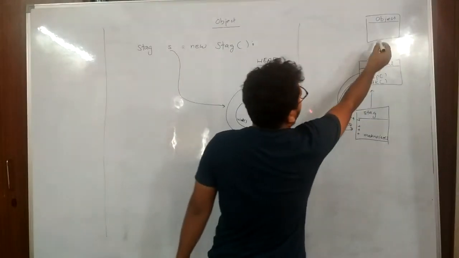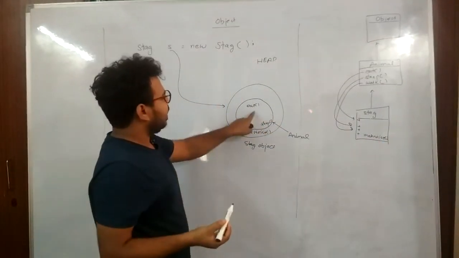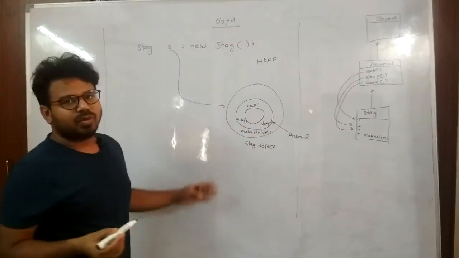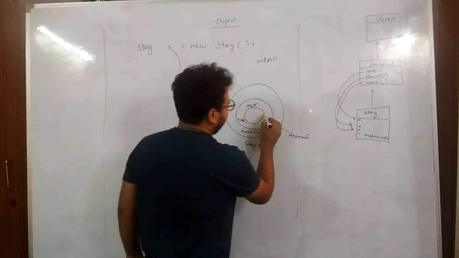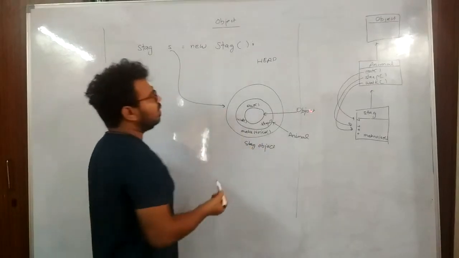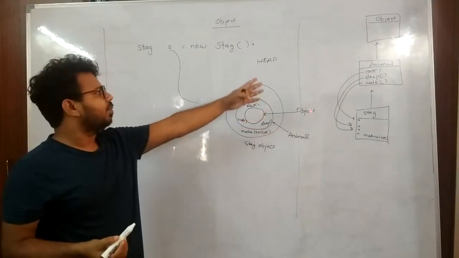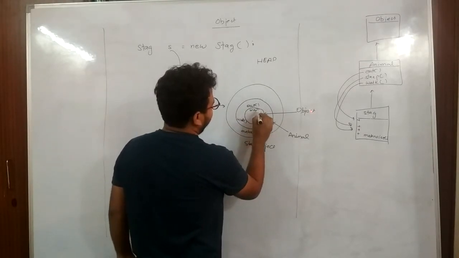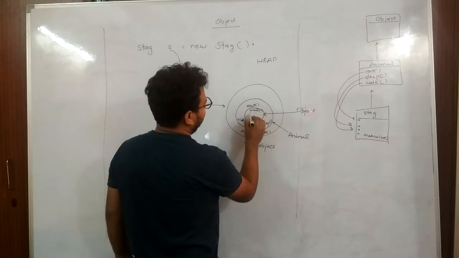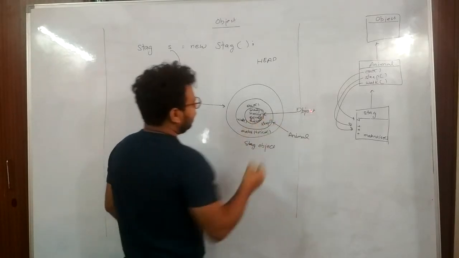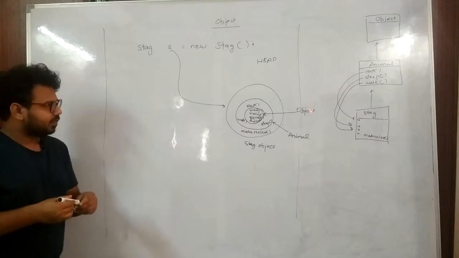Then we have the Object class, and this Animal portion contains a portion of Object. Let me write it as Object. The Object class has methods such as wait, notify, equals, hashCode.